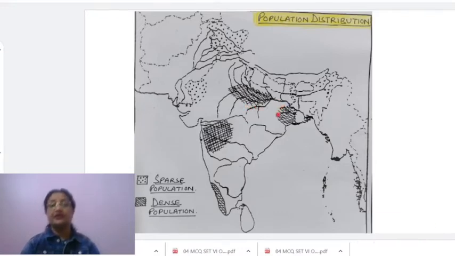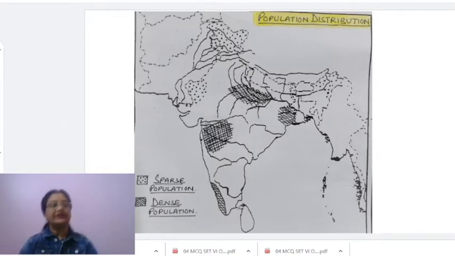And one more area, that is the West Bengal region. This is again a densely populated area. Okay, so all these states are densely populated. Clear? If it comes to mark in the southern region, or in the eastern part, or in the western part, or in the northern part, accordingly you have to mark the densely populated areas.